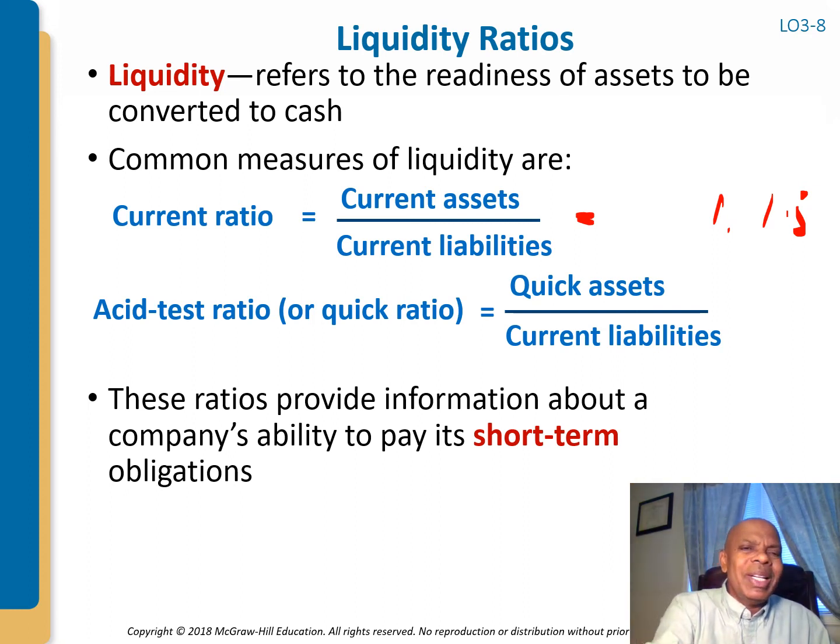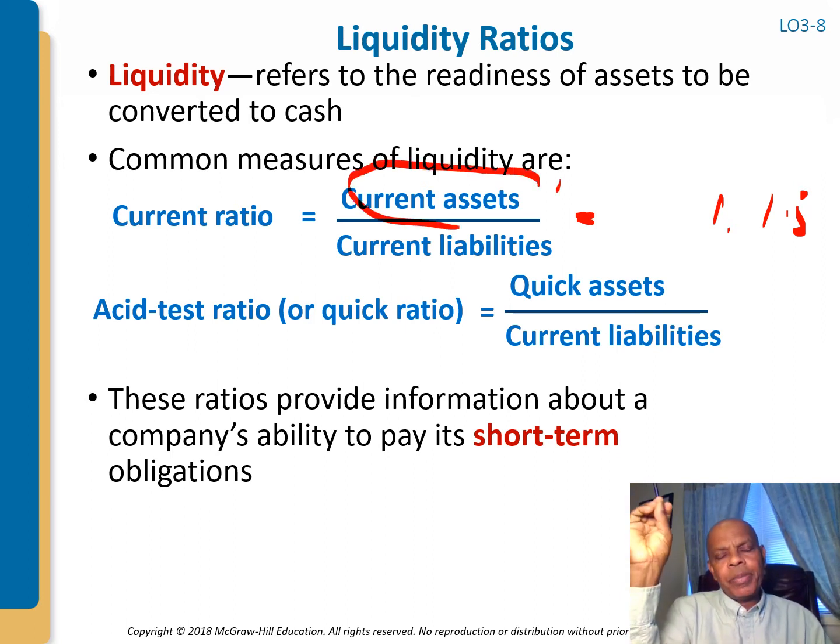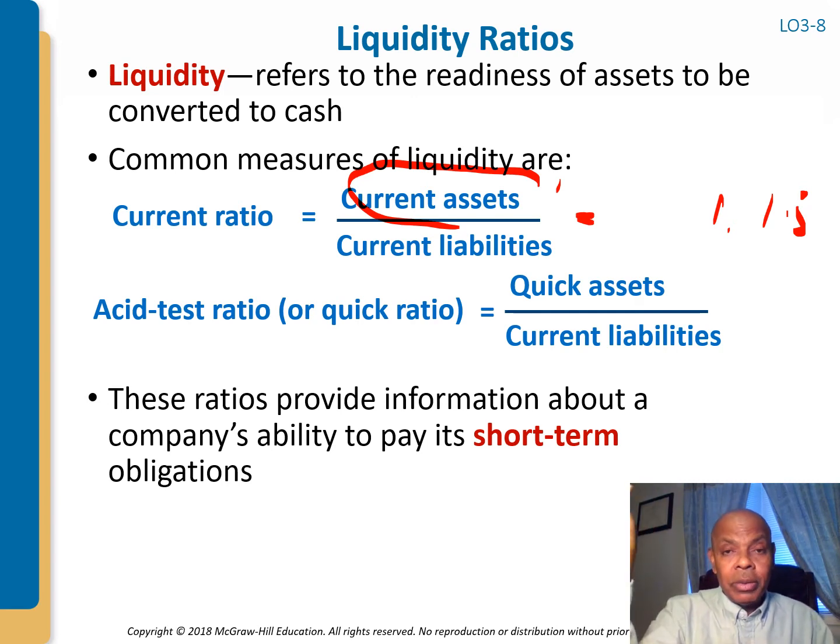Then we use something called the acid test ratio, or quick ratio. What is that? Now, this is about current assets, right? Sometimes when you sell those assets, suppose you have inventory, you cannot really sell it right away without going through a lot of hassles and losses, right?